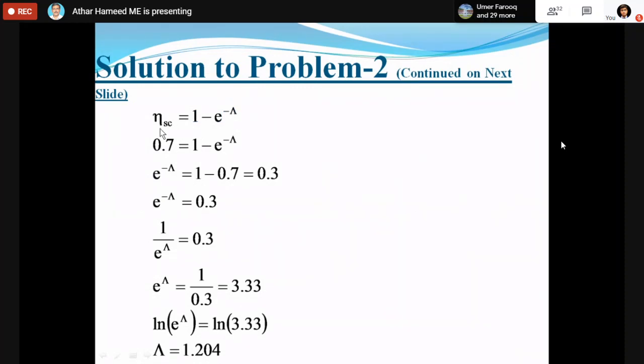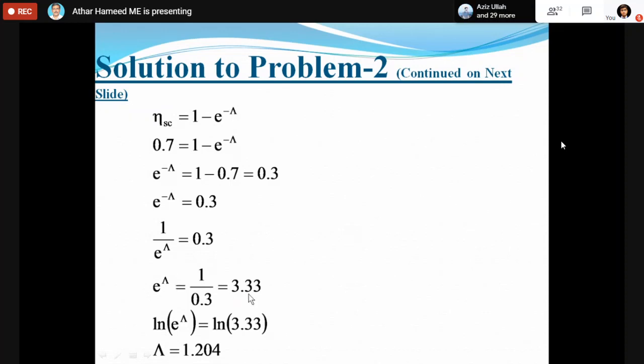First of all, we need to know the delivery ratio, which is the same thing as scavenging ratio. We take 0.7 equal to 1 minus e to the power minus lambda. So e to the power minus lambda is equal to 1 minus 0.7, which is 0.3. So 1 over e to the lambda is 0.3.